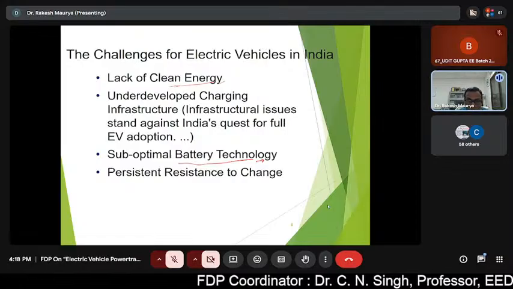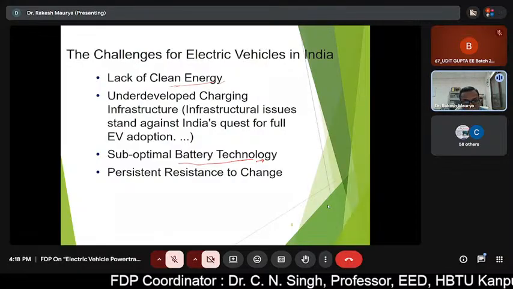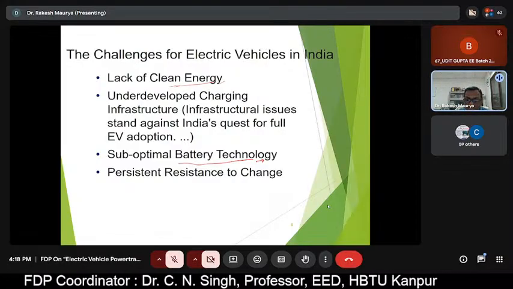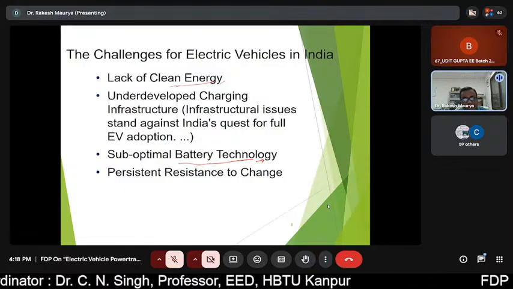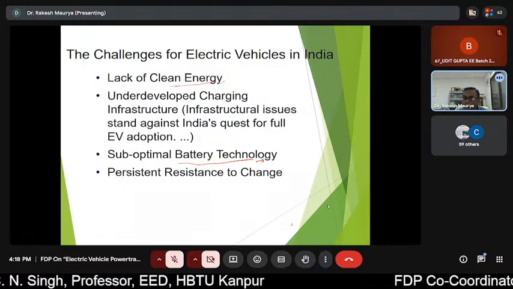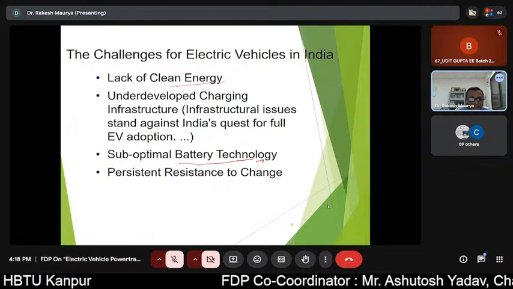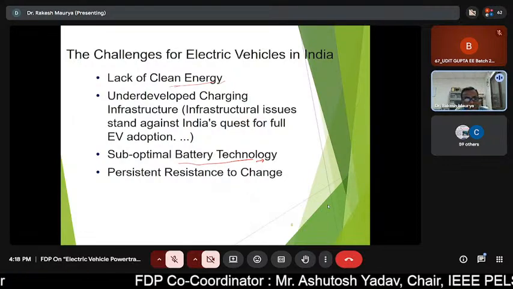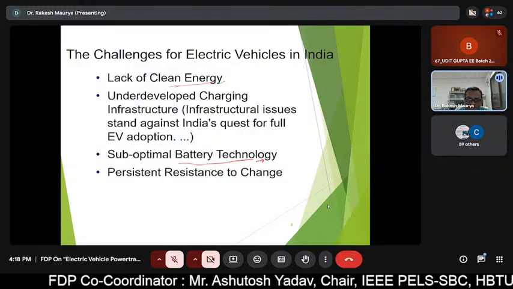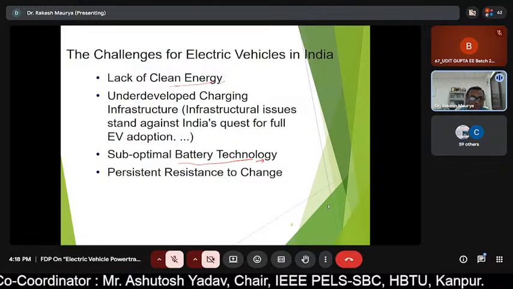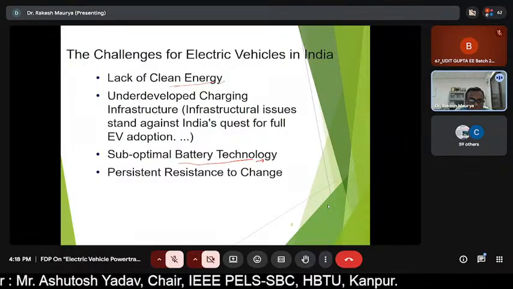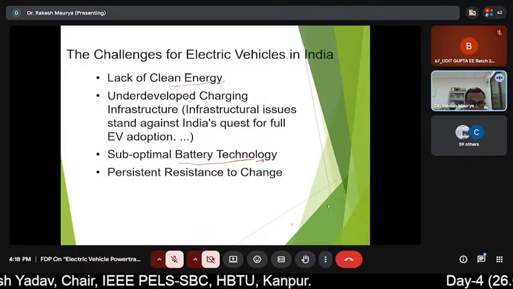And the last is the human tendency, persistent resistance to change. Even the Indian mentality is, we have a technology that is used presently, and we expect that technology should persist for a longer duration. Means even for the entire life, I will be comfortable with my IC engine, our petrol vehicle.